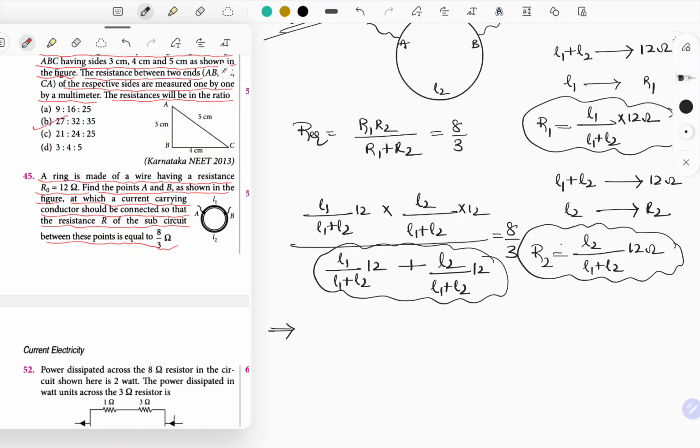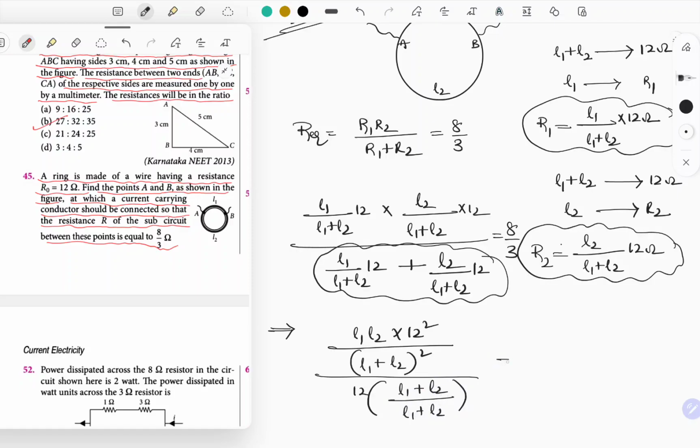So let's talk about only the numerators. Observe: L1 into L2 into 12 square divided by L1 plus L2 whole square, whole divided by 12 common, L1 plus L2 by L1 plus L2, which is equal to 8 by 3.